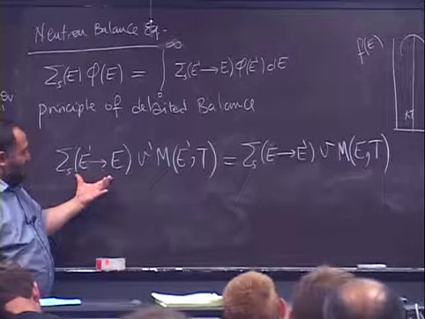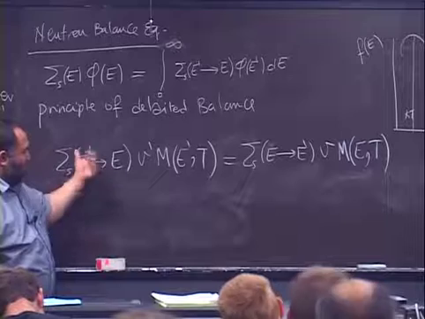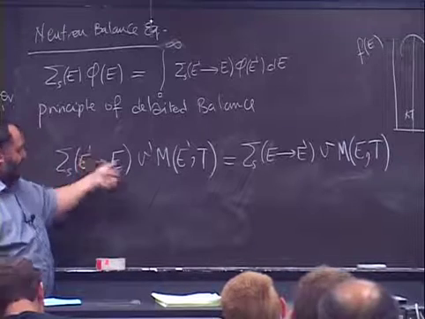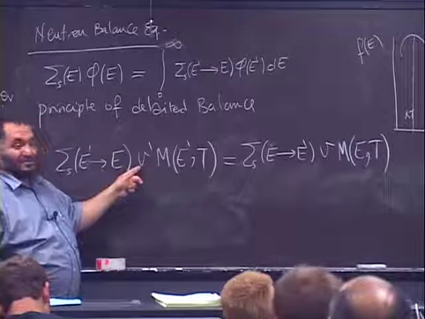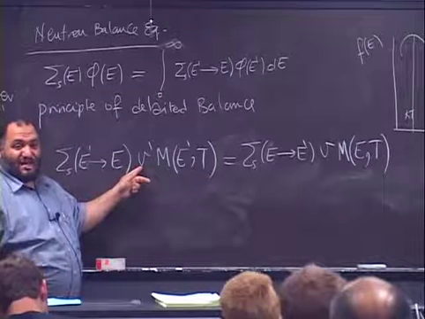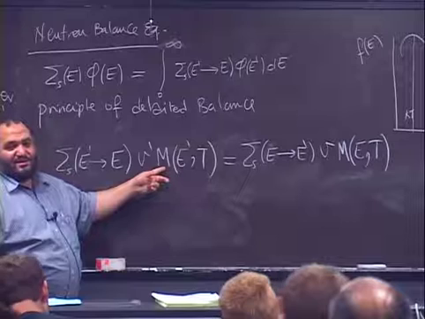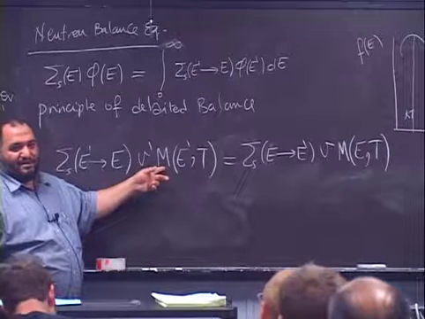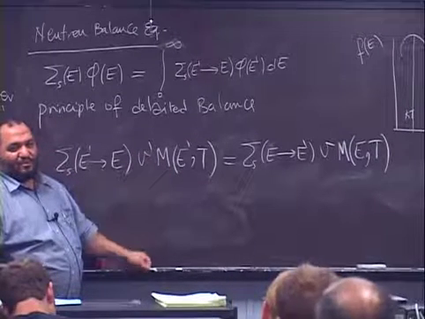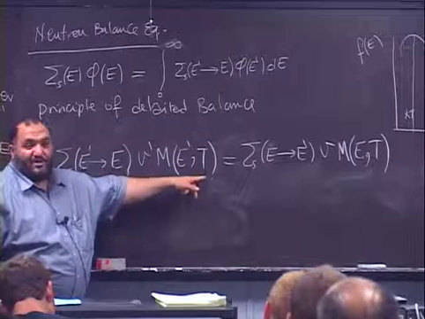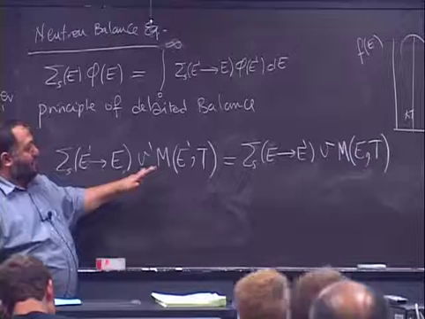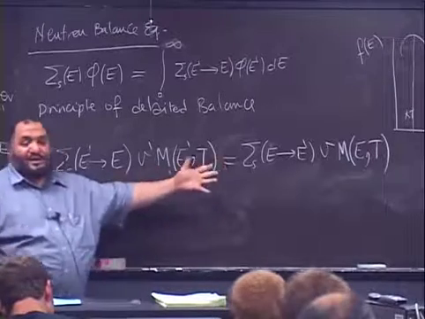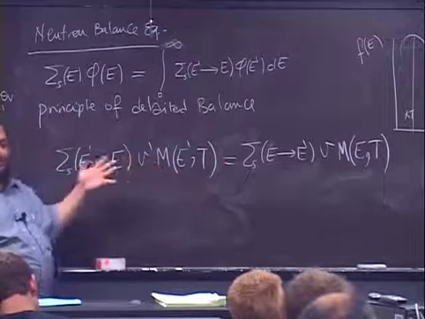Sigma scattering multiplied by the probability that you will go from energy E prime to energy E multiplied by the flux at this energy E prime, which is just the flux, is N V. And V is here, and N, the author wrote it as M, because this is the number of particles at energy E prime and temperature T, which is a Maxwellian distribution. So you will notice that this is the principle of detailed balance.